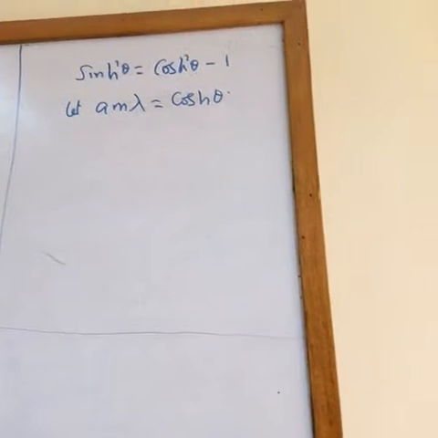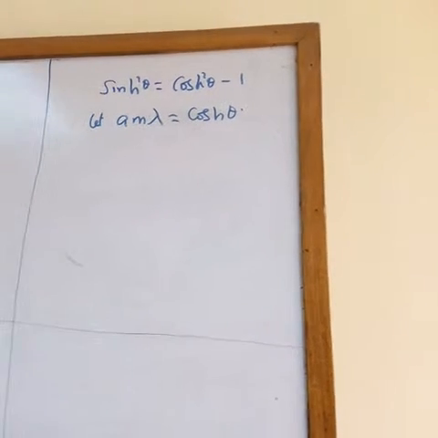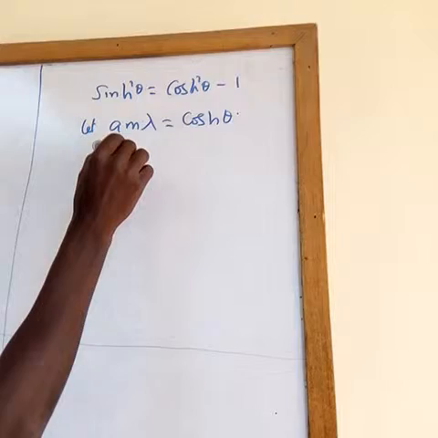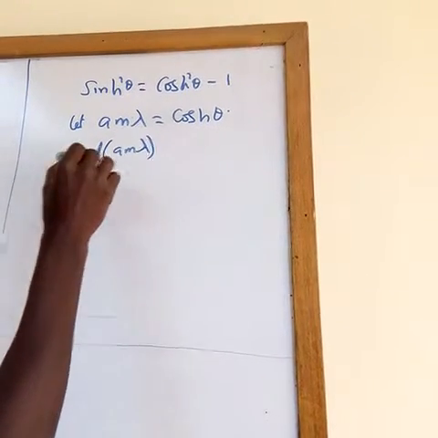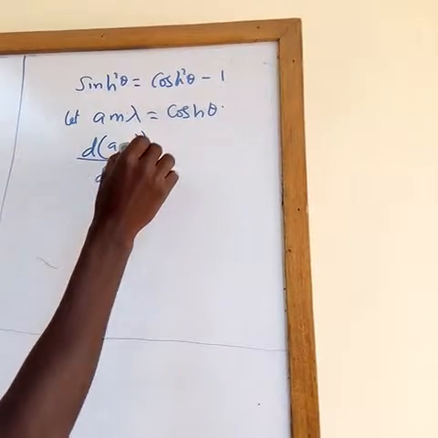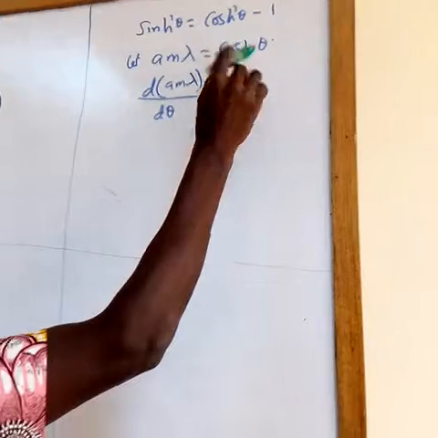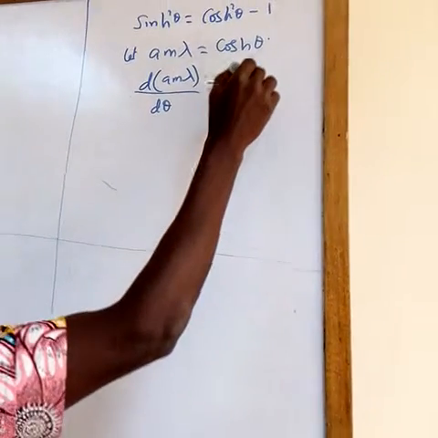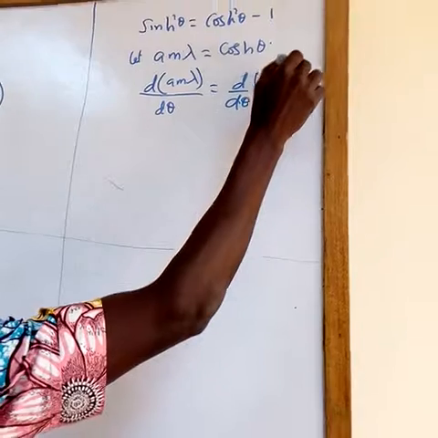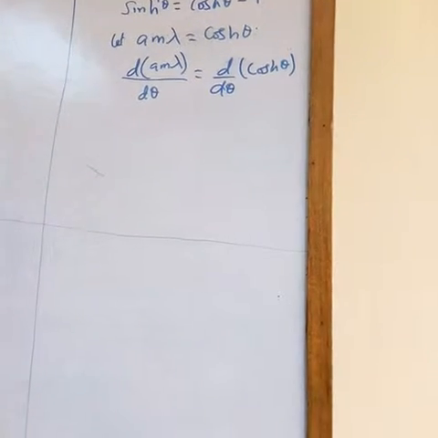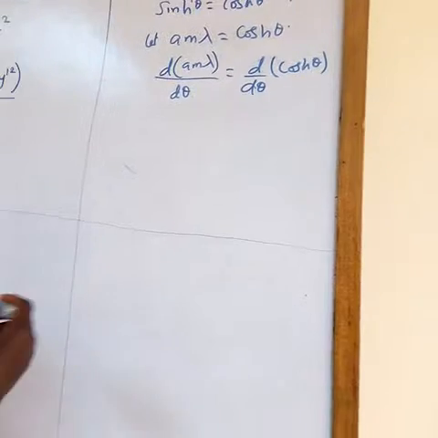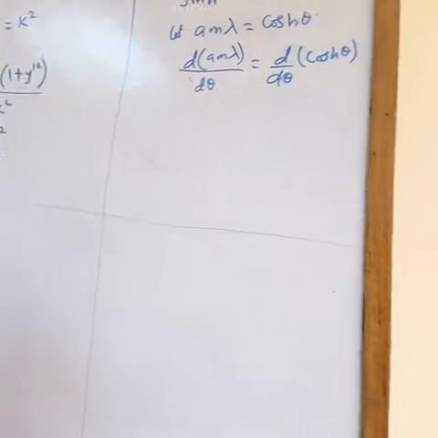So if we say this one should be equal to this, let's differentiate. I will just have am d lambda over d theta is equal to d by d theta of cos theta. These two are constants, so they won't be affected by the differential sign.